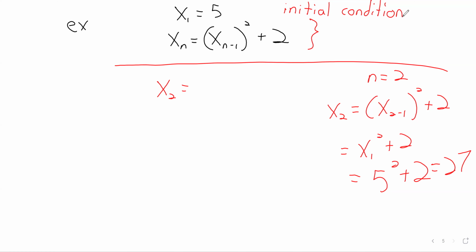If we want to know what x sub 100 is, it's kind of a difficult situation, because to find x sub 100, we need to know what x sub 99 is, but to find x sub 99, we need to know what x sub 98 is, but to find x sub 98, and so on.